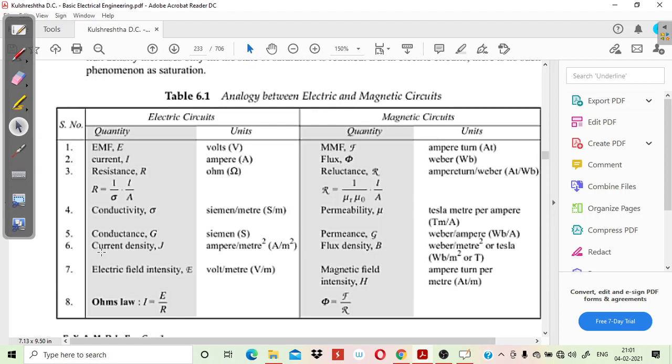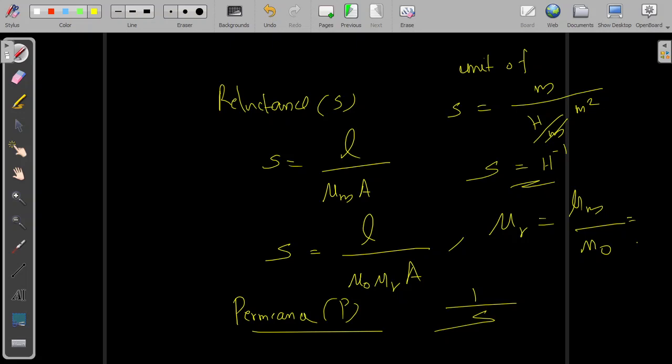Then current density. Current density in an electric circuit is defined as J is equal to current I divided by area, that is current passing through unit area. So in a magnetic circuit, we have analogous quantities: the analogous quantity for current is flux.